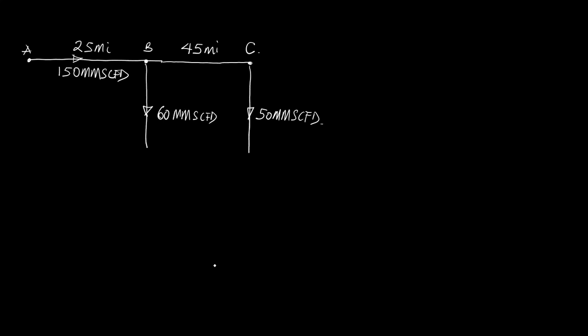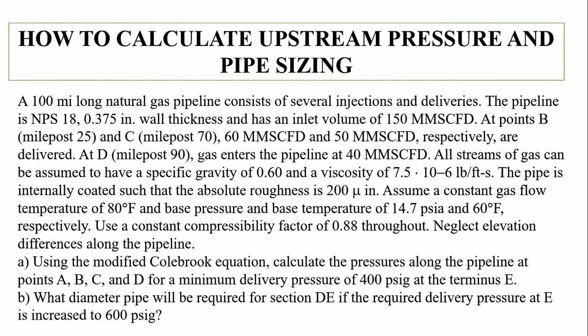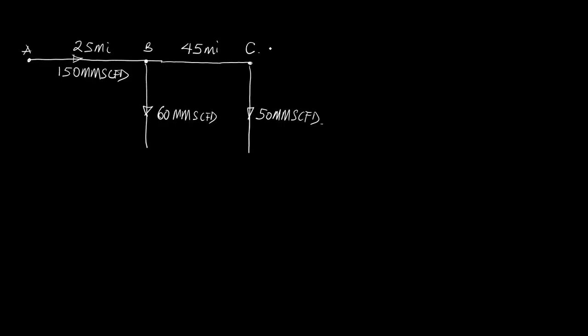Now we have at D, milepost 90, gas entered the pipeline at 40 million standard cubic feet per day. So now the next point of call is D. They said at D you have milepost 90, so this is 70 plus 20, which will give you 90.